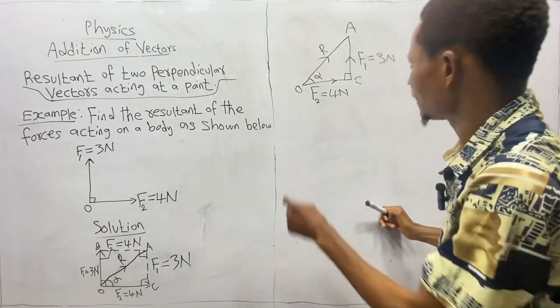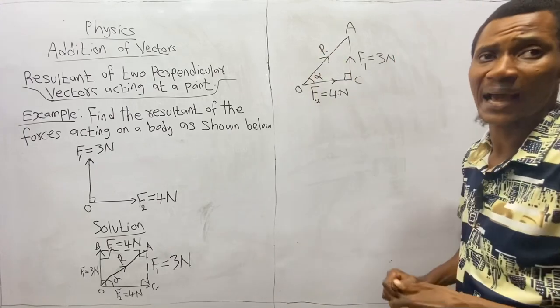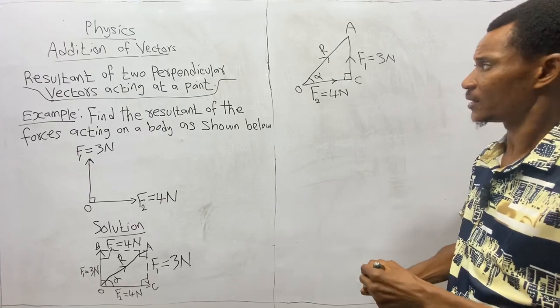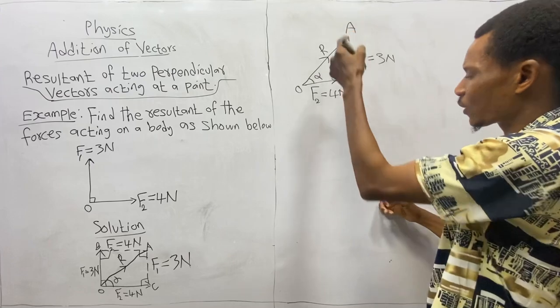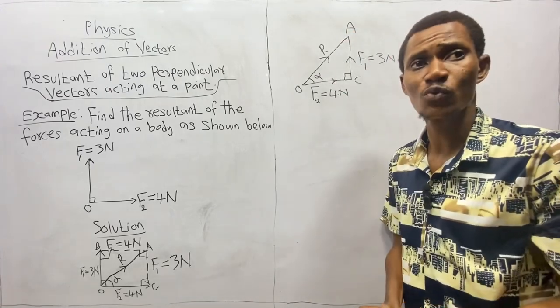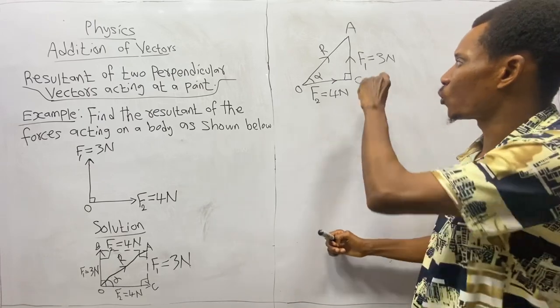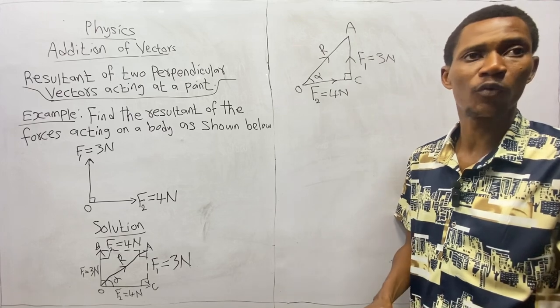So in getting this arrow, which is the magnitude of the resultant vector, we apply Pythagoras theorem. Now, what did Pythagoras say? Pythagoras says that for a right-angled triangle, the Pythagoras rule can only be used in a right-angled triangle, not in any other type of triangle.